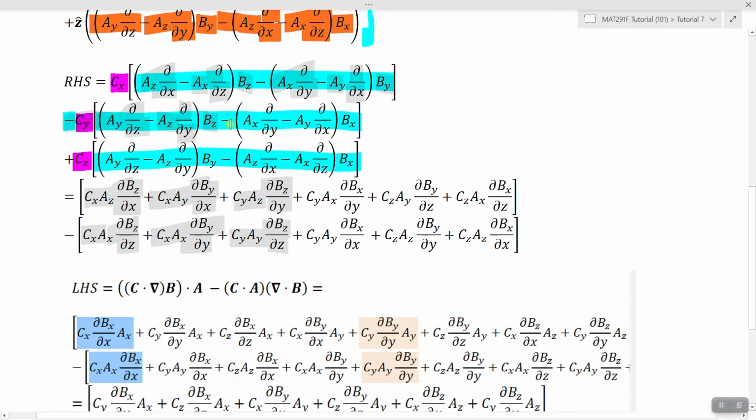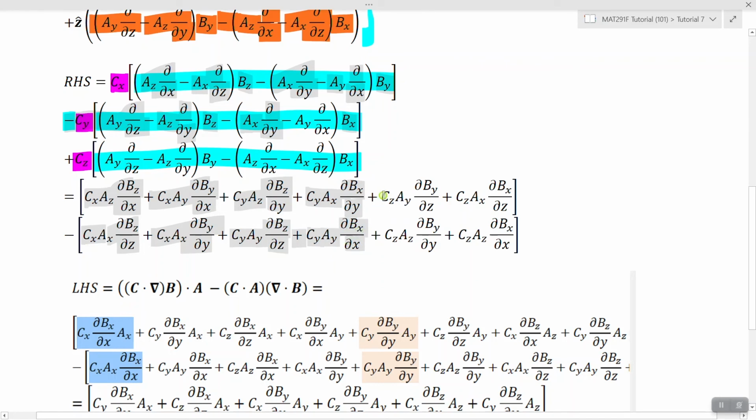And then minus and minus gives us plus. So again, we have a term here because of this and this, partial y, and then bx. And then we get minus, that's overall minus, so it goes into this bracket, cy, ay, partial x, bx.